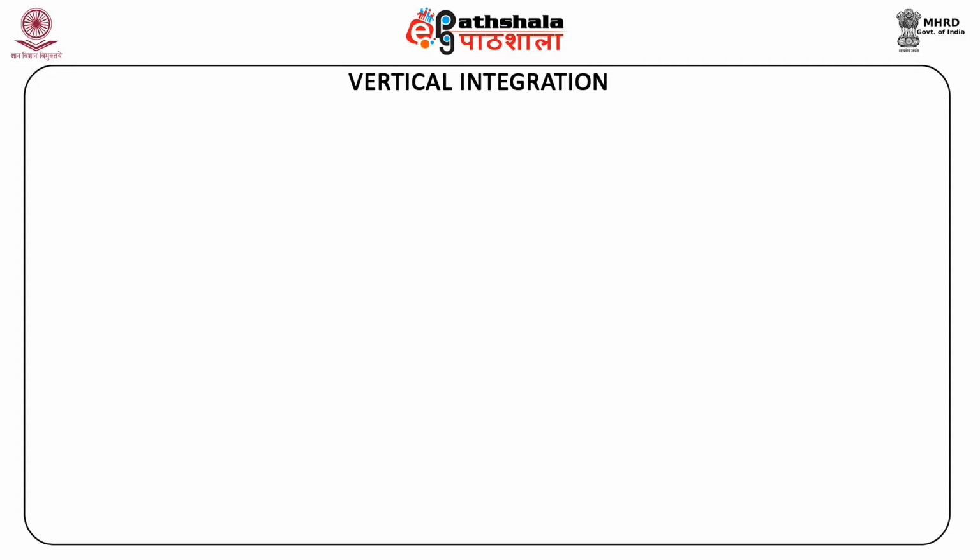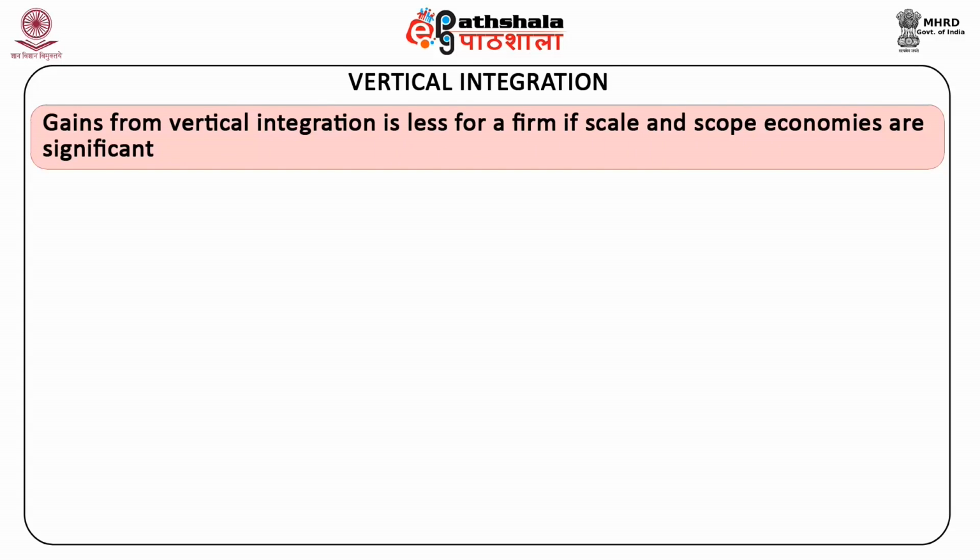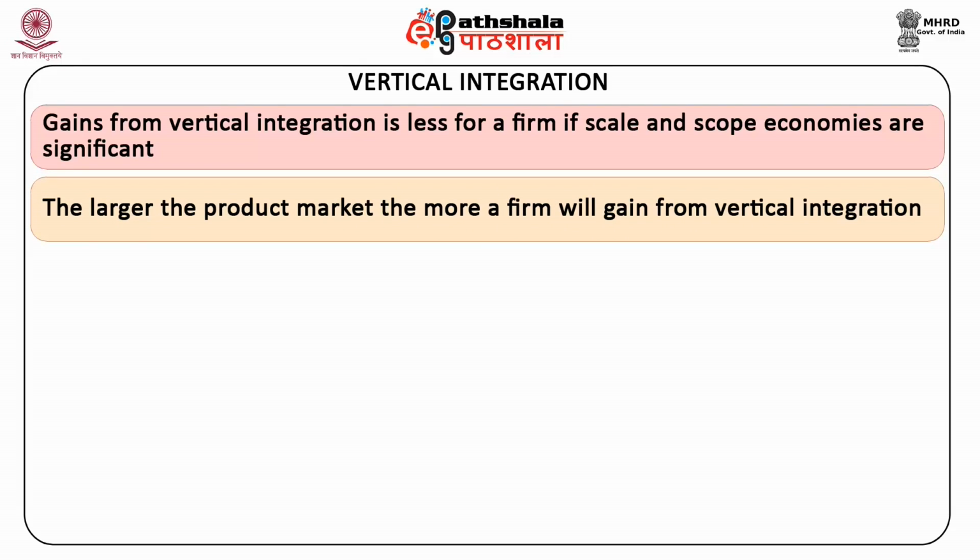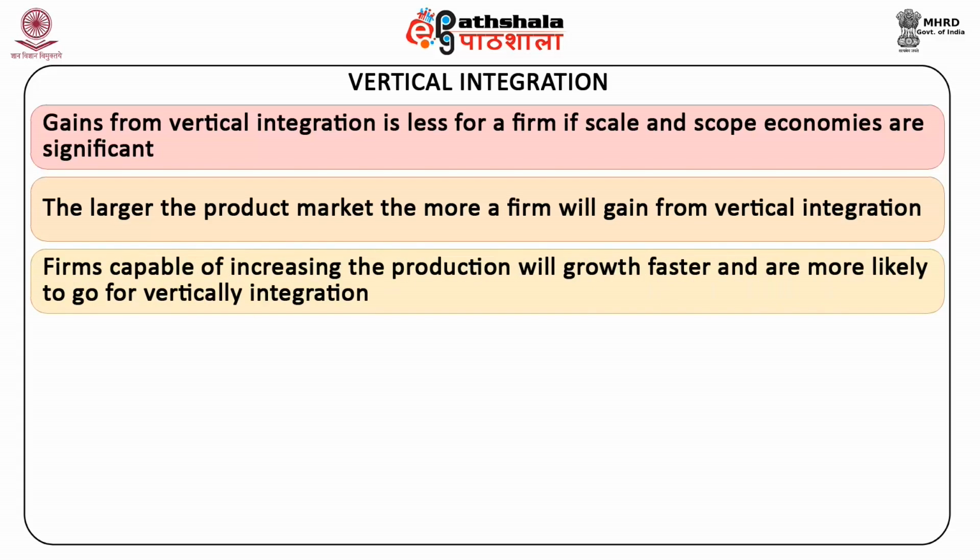The following conclusions can be drawn about the factors motivating vertical integration. First, the gains from vertical integration are less for a firm if the scale and scope economies are significant. Second, the larger the product market, the more a firm will gain from vertical integration.